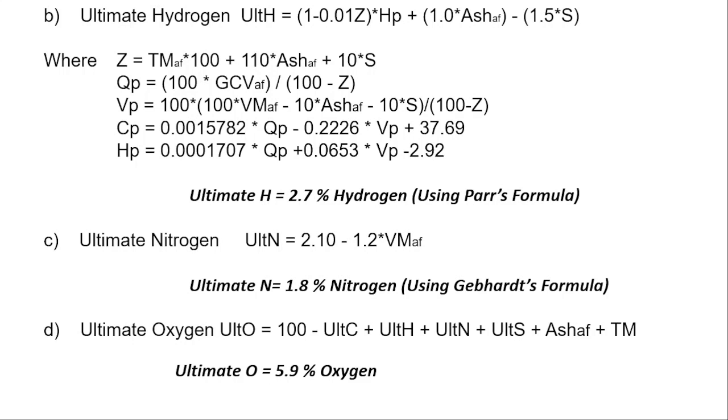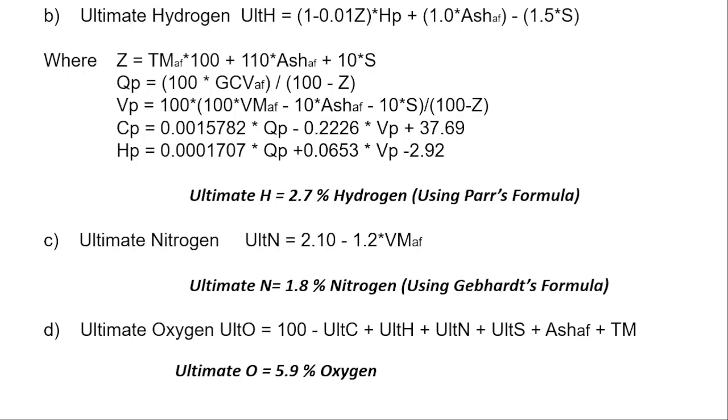This is also using Parr's formula. For calculation of nitrogen, we use Gebhardt's formula, and this ultimate nitrogen is given by 2.10 minus 1.2 into VM as fired. Putting the values, the ultimate nitrogen comes to around 1.8%.